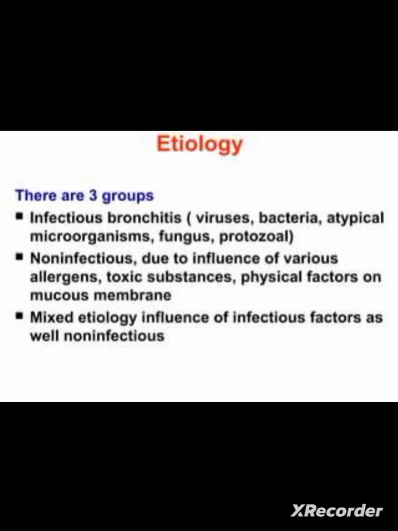The main etiology for bronchitis is infection. That's why it is infectious bronchitis. Usually viruses, bacteria, atypical microorganisms, fungus and protozoa may cause bronchitis. In viruses, usually the rhinovirus and influenza virus cause bronchitis.